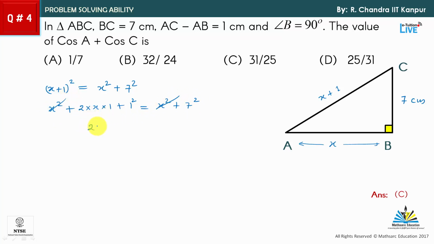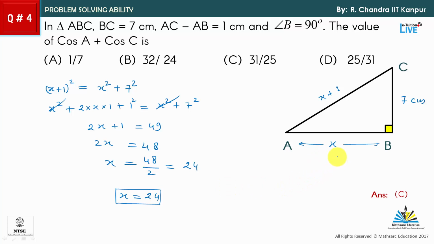So this is 2x plus 1 is equal to 49. So 2x is equal to 48. Hence x is equal to 48 divided by 2, and this is 24. So the value of x is equal to 24. Now this is 24, and hence this becomes equal to 25.